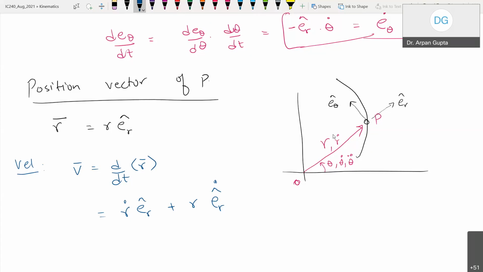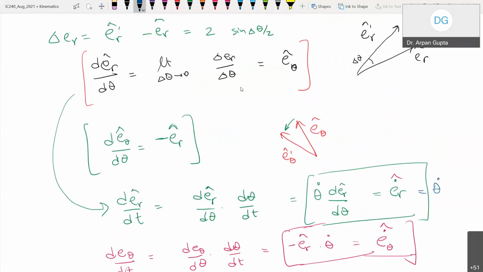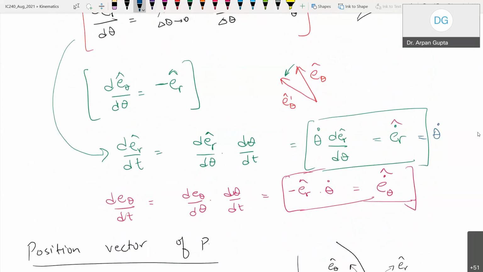And e_r cap dot we have calculated, and in fact this is equal to theta dot times e theta cap.